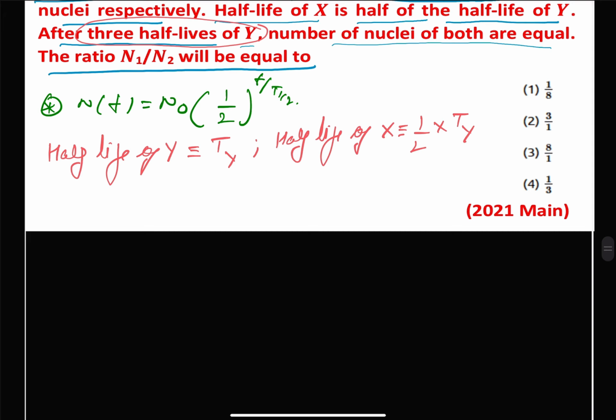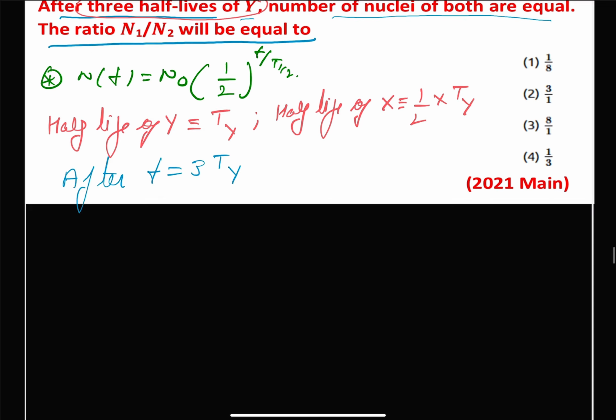Therefore we can say that after t is equal to 3 half-lives of Ty, we can find out our Ny.